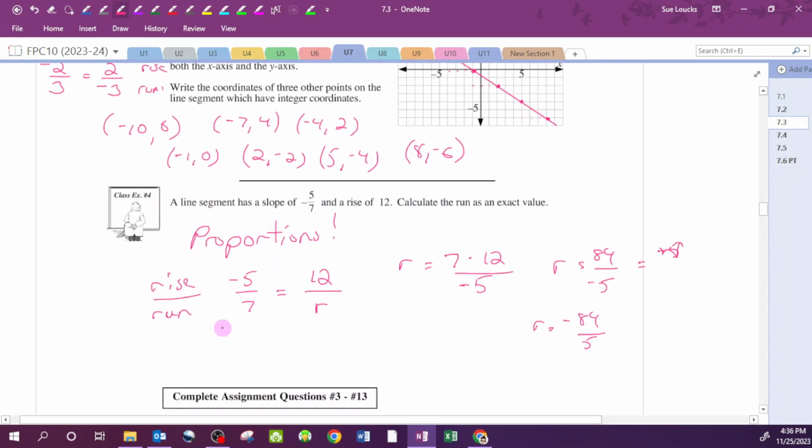If I take negative 5 divided by 7, I get negative 0.7142857. Then if I do 12 divided by bracket, negative 84 divided by 5, bracket, equals, hey, look at that, it's the same number, negative 0.7142857. So those are the same.